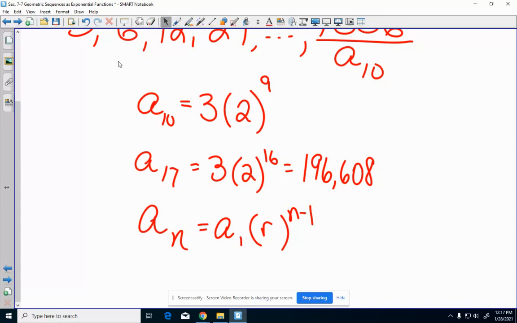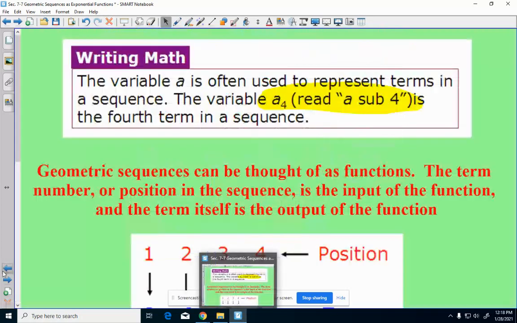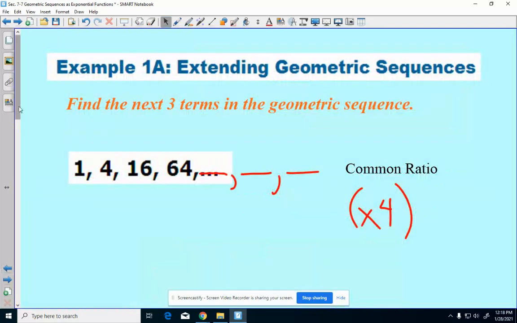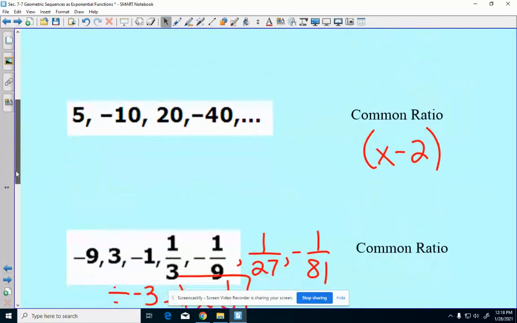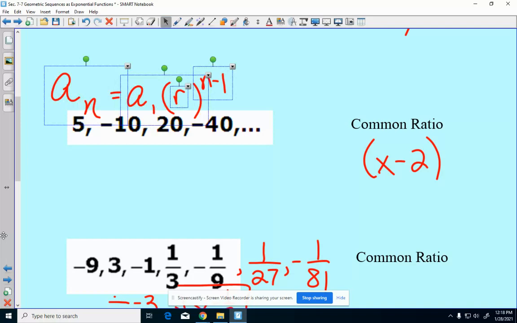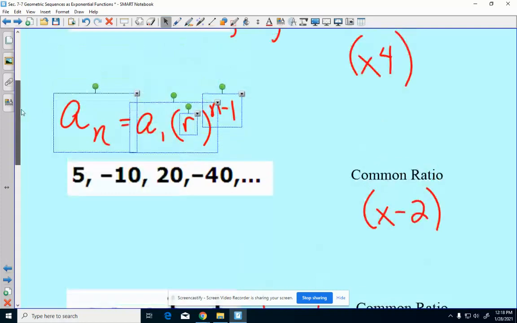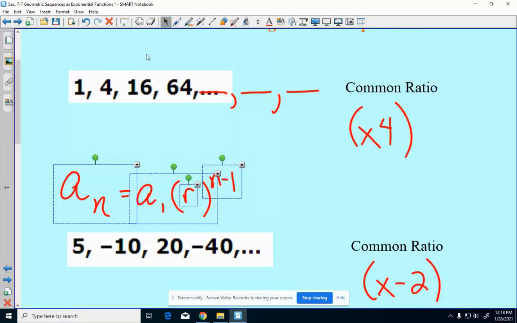So let's do this. I'm going to take this and bring it over here. Let's use it for this one up here.